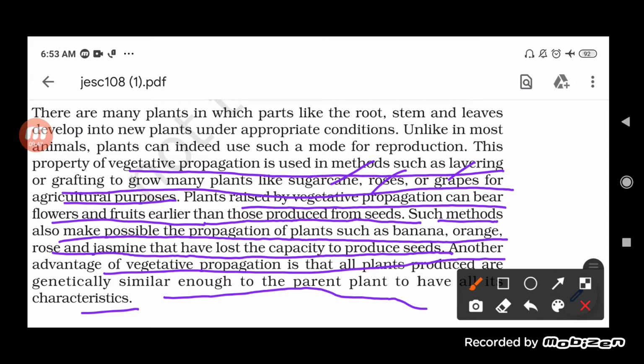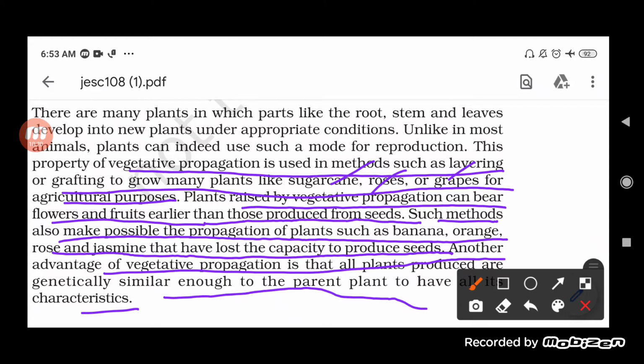So they have lost the capacity of producing seeds, and due to this, the process of vegetative propagation is really important and good for them. It is because of this asexual reproduction shown by the plant that these plants can grow and produce flowers and fruits.